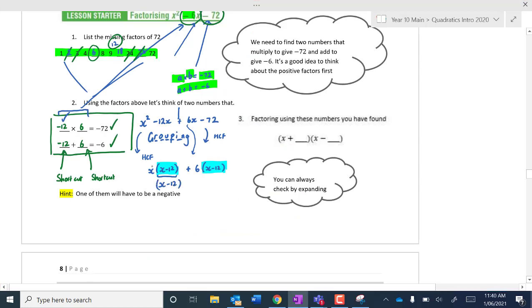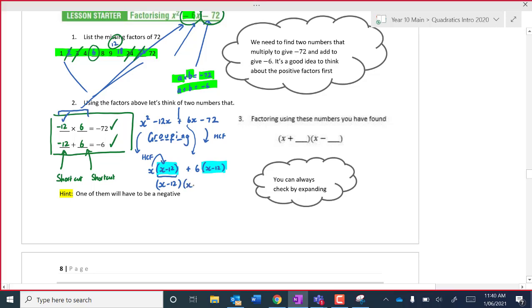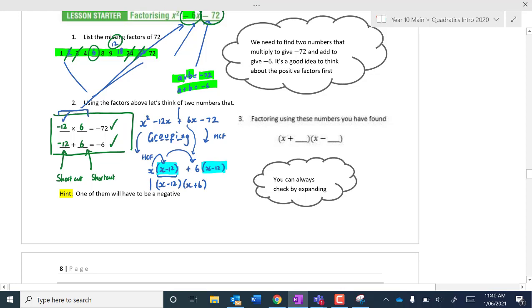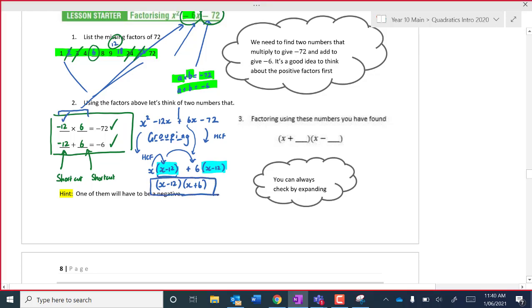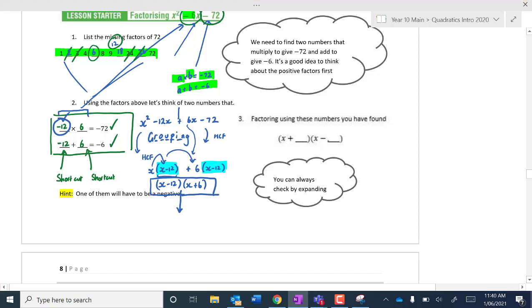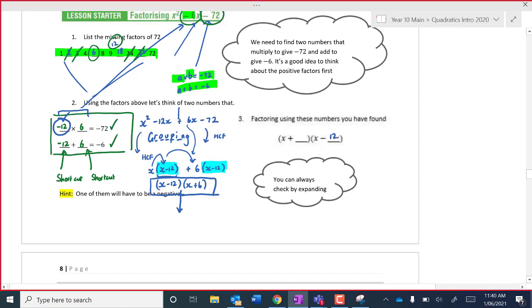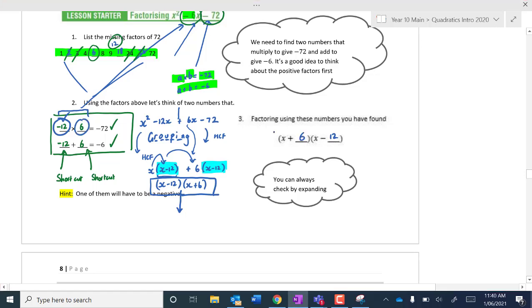And of course, if I multiply that by an x, and then obviously plus 6, we have actually now factorized that. Now, as you can see, I've done it the long way. You don't have to do it this way, but that's how we actually do these things. You can see here, look, x, if you throw an x with a minus 12, and you throw an x with a plus 6, those two magical numbers, we have now factorized this expression.